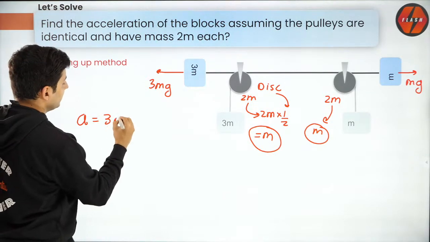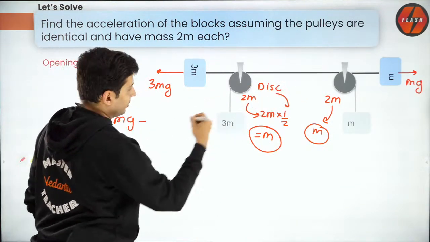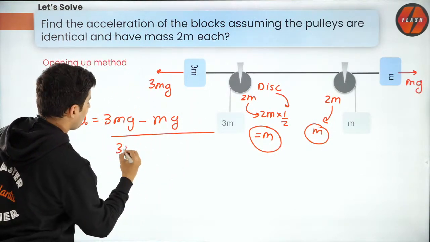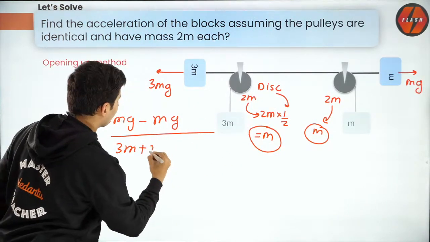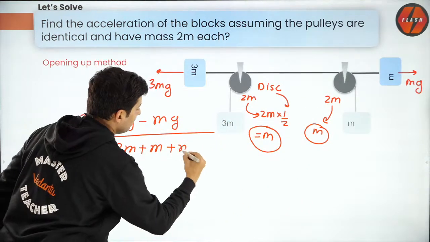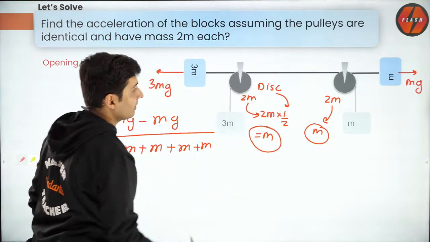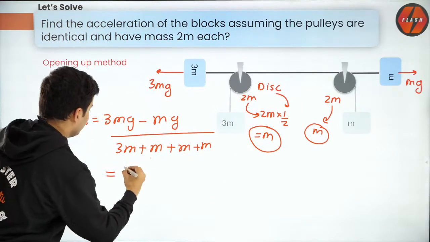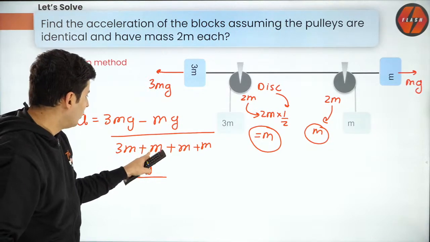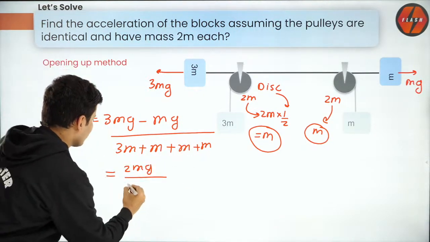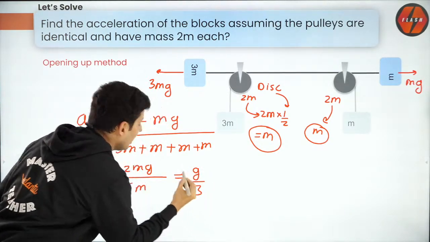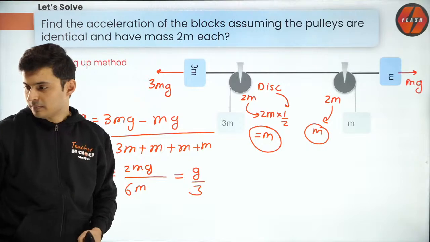Bigger force 3mg, opposing force mg, total mass 3m plus m plus equivalent rotational masses m plus m, not 2m plus 2m. Do this, you will get this as 2mg divided by 3 plus 1, 4, 5, 6. So this will become 6m. So that will make it g by 3. How easy it is? Look at that.